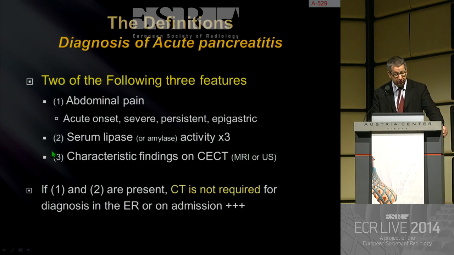And third feature, of course, characteristic findings on contrast-enhanced CT mainly, but also the consensus paper authorized MRI, of course, and ultrasound to evaluate characteristic findings of acute pancreatitis on imaging studies.